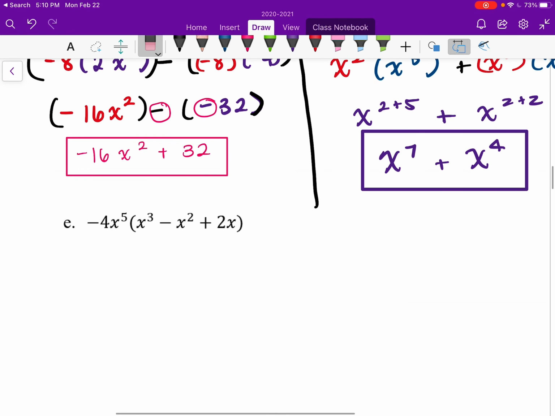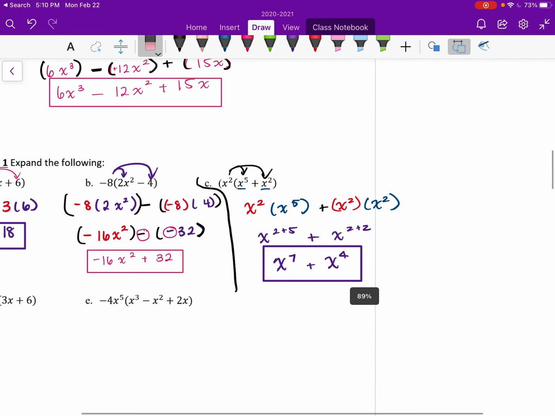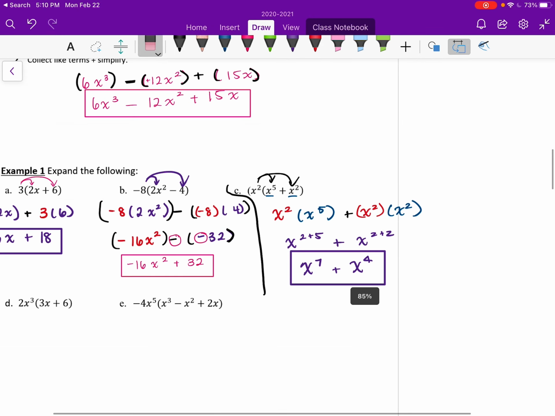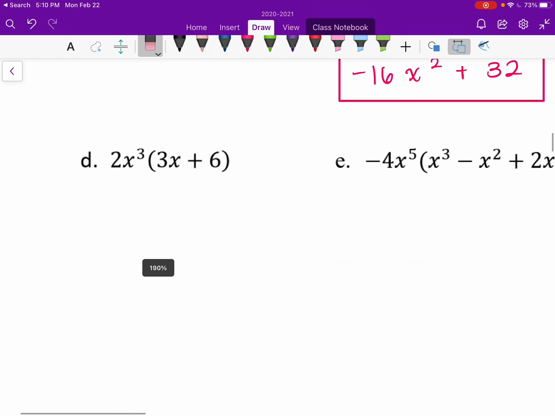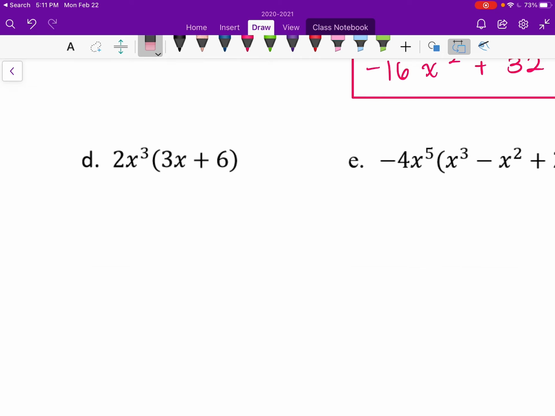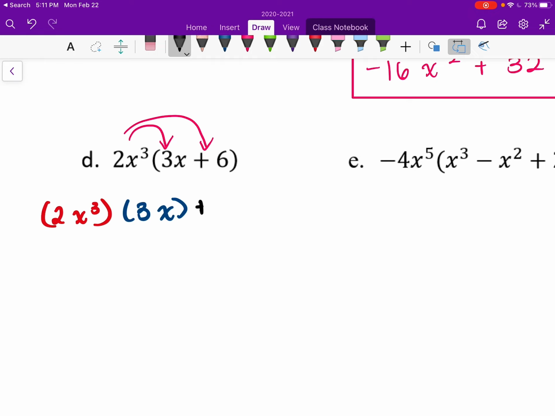Okay, moving on, something a little bit more complicated. Let's move on to something a little bit more complicated. We're going to do 2x cubed times 3x squared plus 6, right? Same idea, distribute it in. So I'm going to do 2x cubed times 3x squared plus 2x cubed times 6, right?